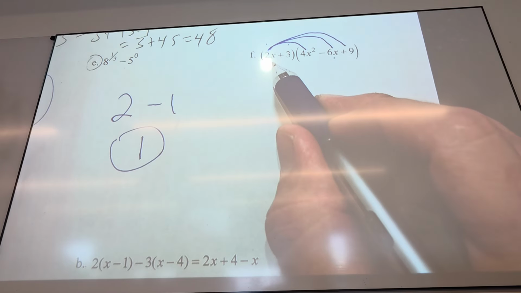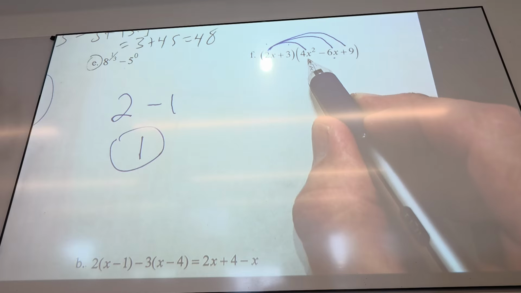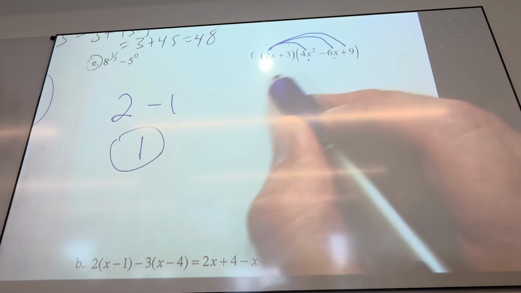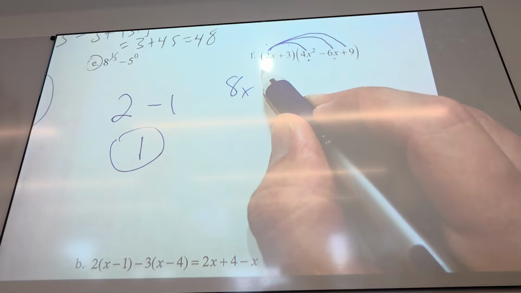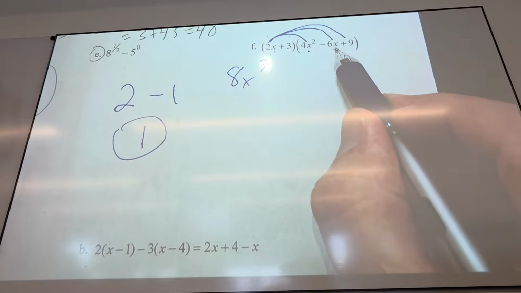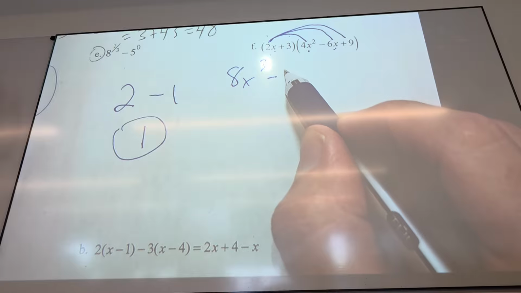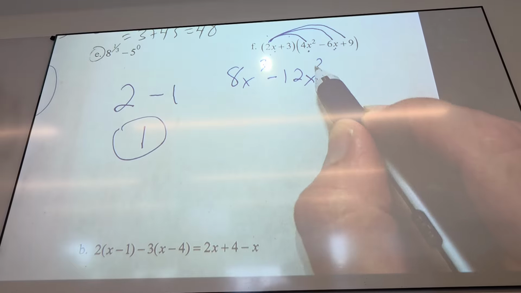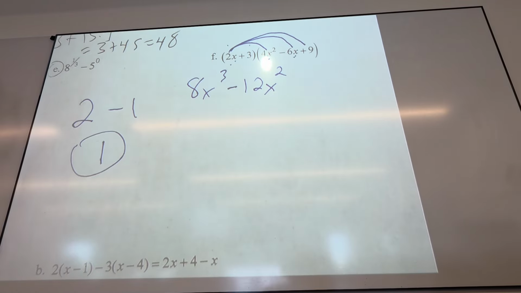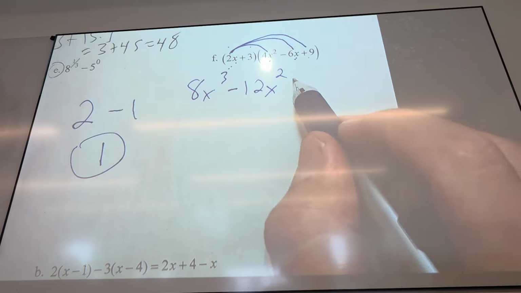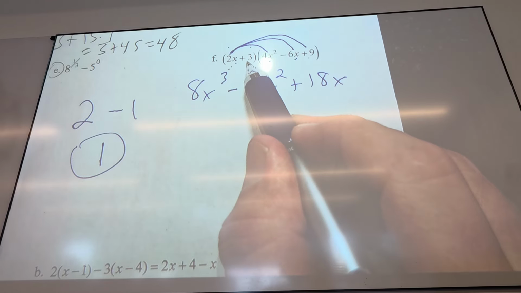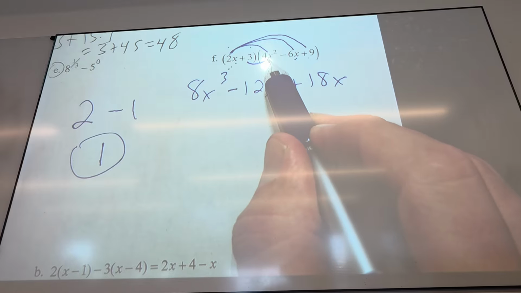So you got 2x times 4x squared is 8x cubed, and then 2x times negative 6x is negative 12x squared, because we're accumulating x's, right? And then we get 2x times 9, 18x. And then what I normally do when I move to this other term, 3 times 4x squared is 12x squared.